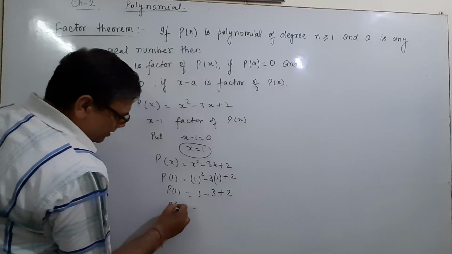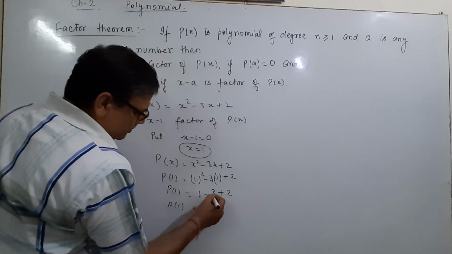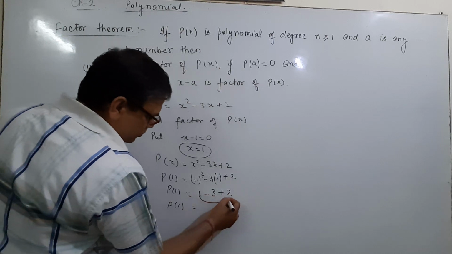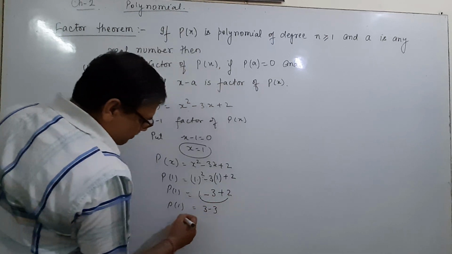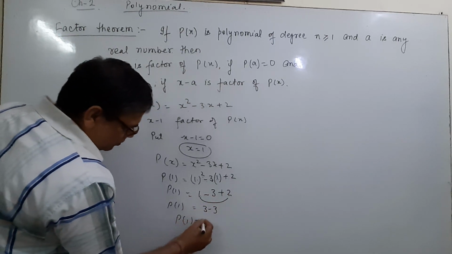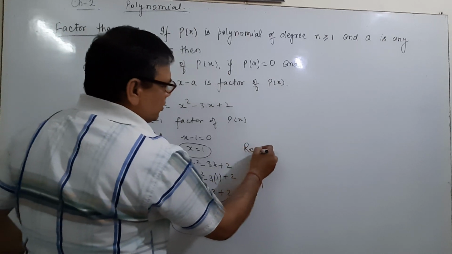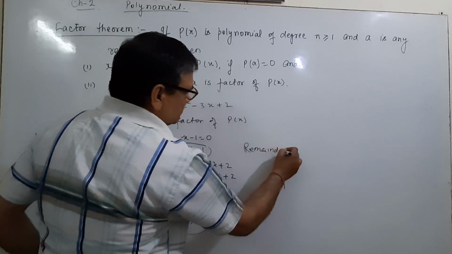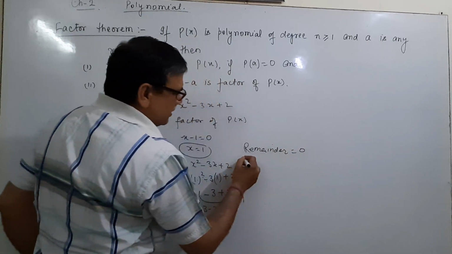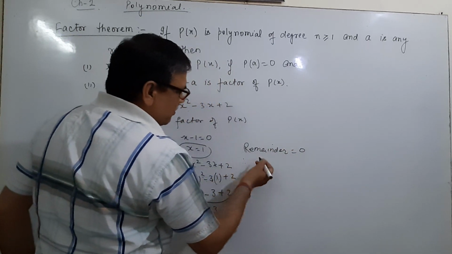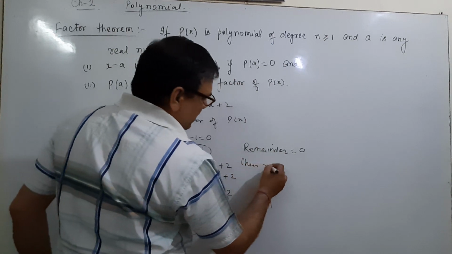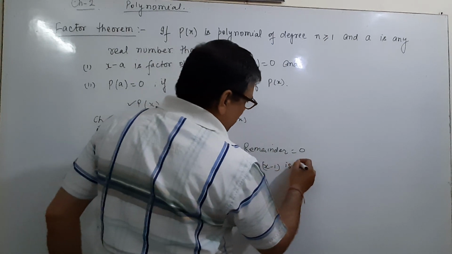So p(1) equals 1 plus 2, which is 3, minus 3, so p(1) equals 0. So the remainder is equal to 0. Therefore x minus 1 is a factor of p(x).